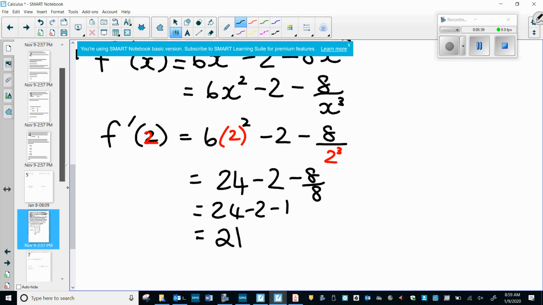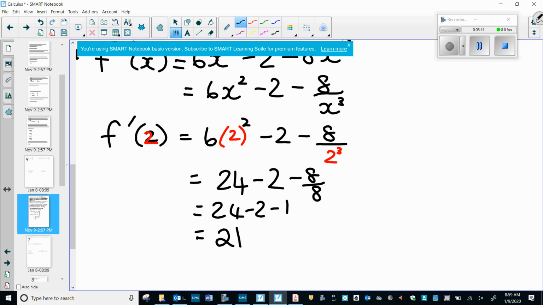But it does matter what you do first. If we do 2 squared and then times 6, or 6 times 2 and then squared, yes, very different. So in any mathematical calculation, we will always follow order of operations, BODMAS or whatever you want to call it. That means we do the exponent first.